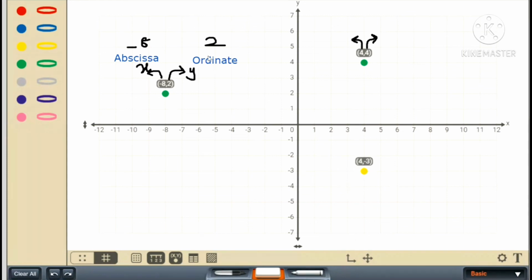Can you all say what the abscissa is in the point 4, minus 3? The abscissa is 4. And the ordinate, the y coordinate, is minus 3. So the name given for the x coordinate is abscissa and for the y coordinate is ordinate. It's so simple.